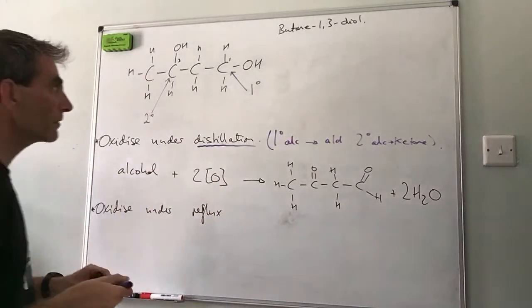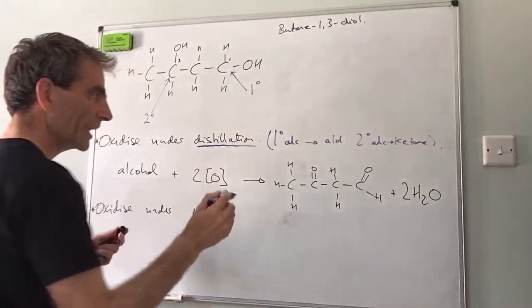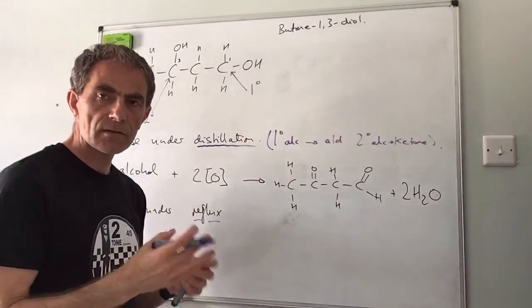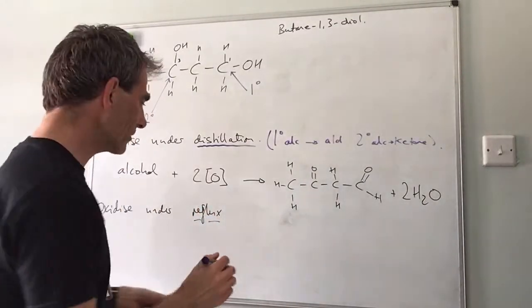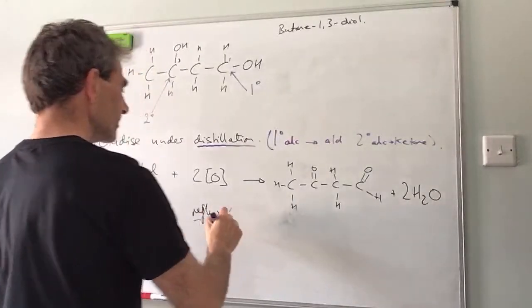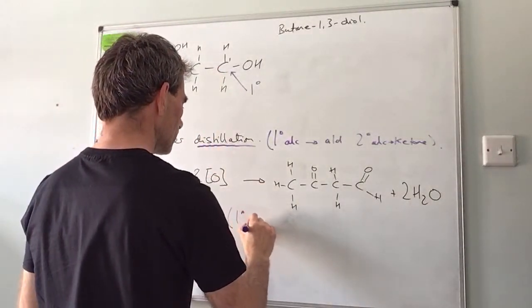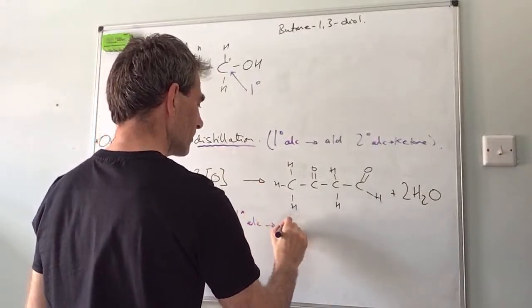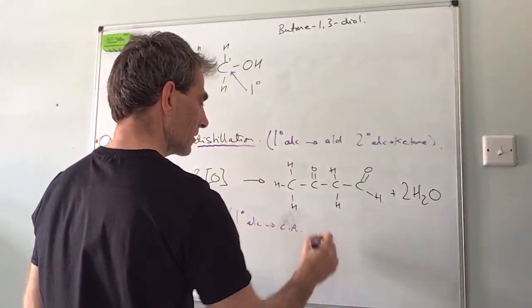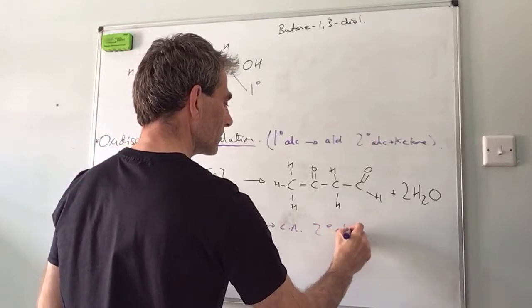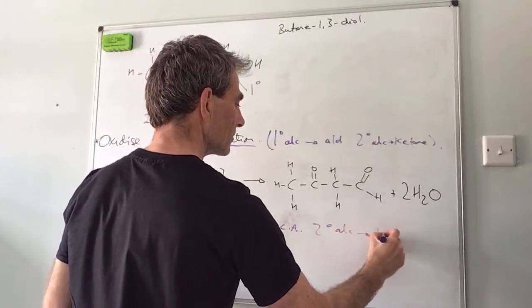If it was under reflux, again, it's only the primary alcohol that you need to worry about. So if it's under reflux, this primary alcohol is going to turn into a carboxylic acid. The secondary alcohol still just goes to ketone.